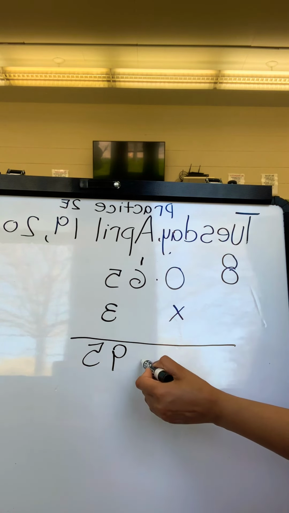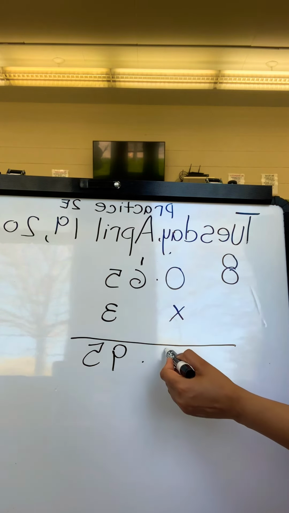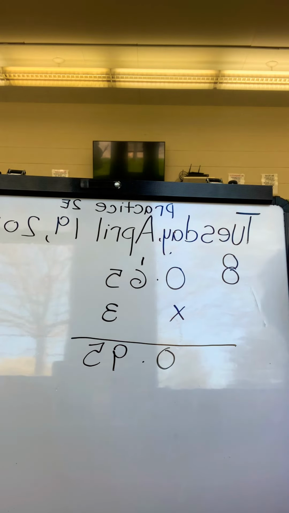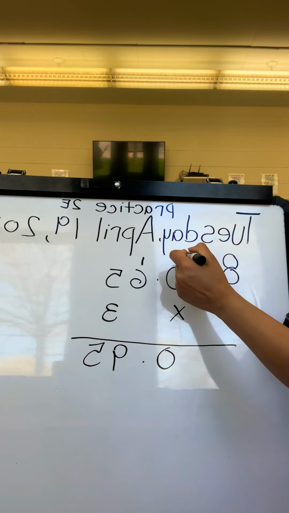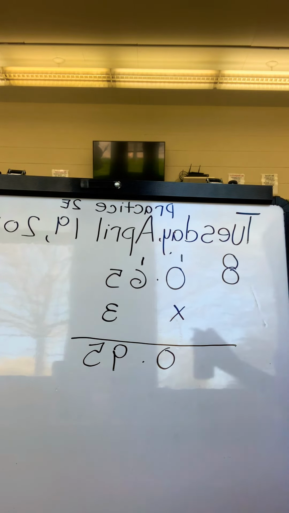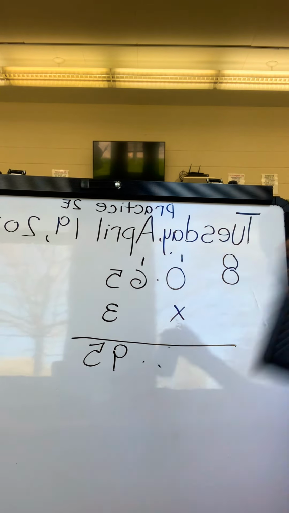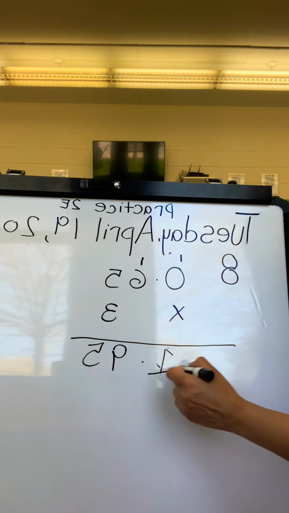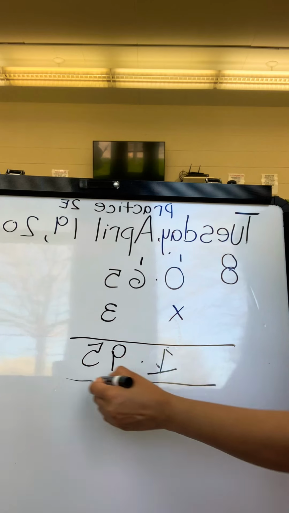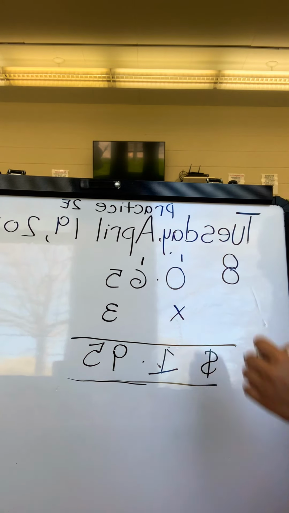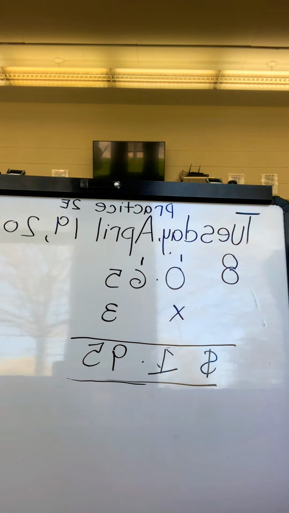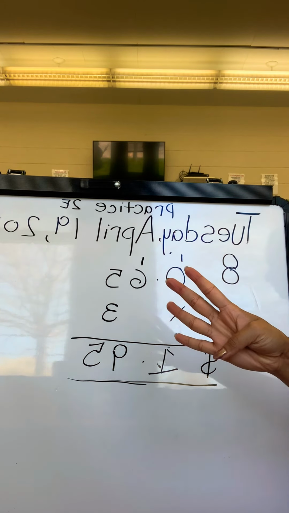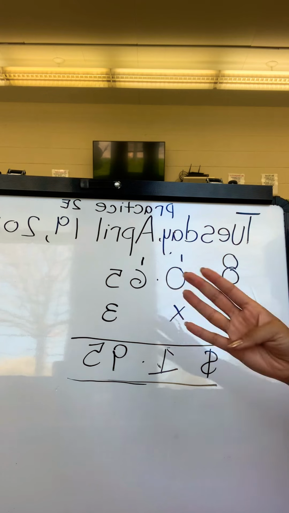I don't forget my decimal. 3 times 0 gives me 0, but I forgot to carry over the 19, so there's a 1 here. I bring this 1 down. Okay, so 3 cups of tea cost us $1.95.